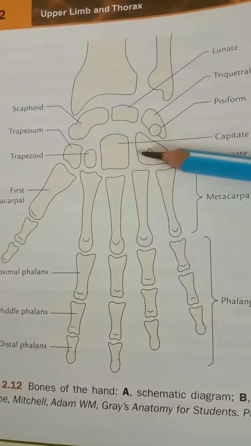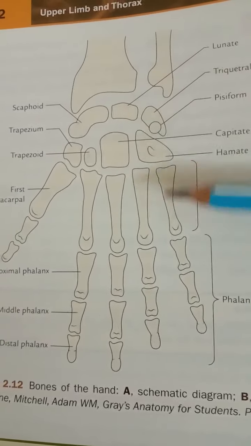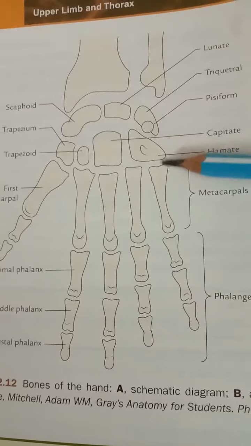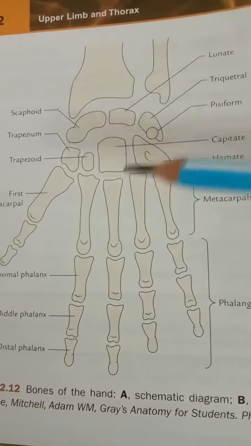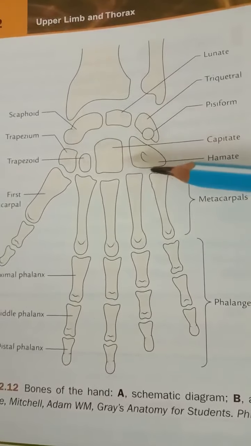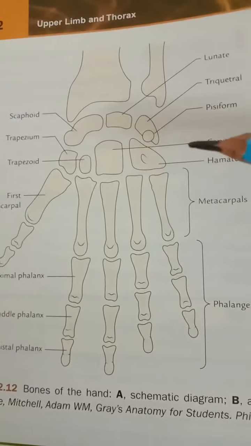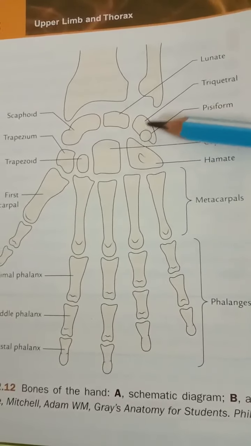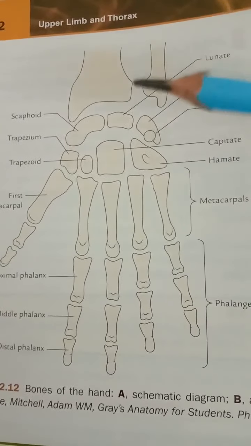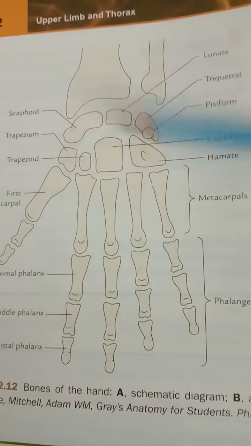The centers appear in the carpal bones as follows. The capitate bone in the first year. The hamate bone in the second year. The triquetral bone in the third year. The lunate bone in the fourth year.